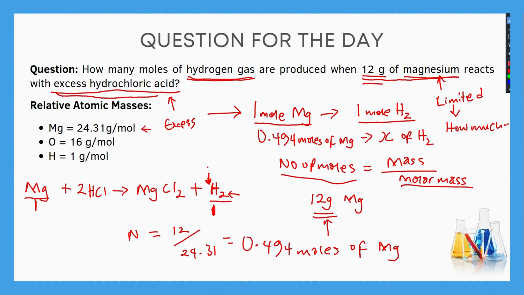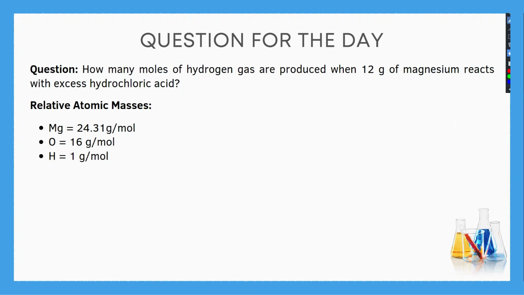I'm sure you're following how this is playing out. So if we cross multiply at this point, it now becomes x times 1 is equal to 0.494 times 1.